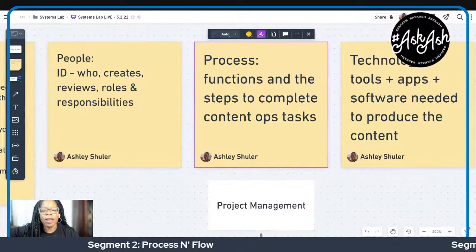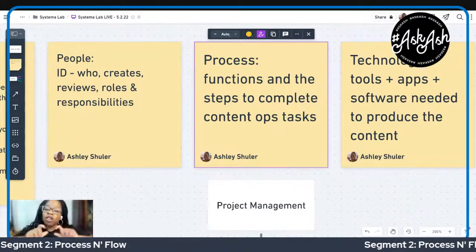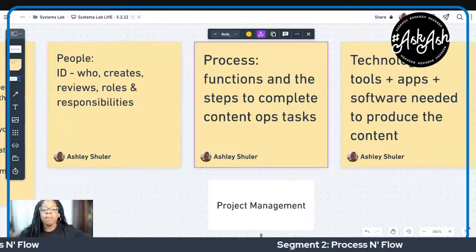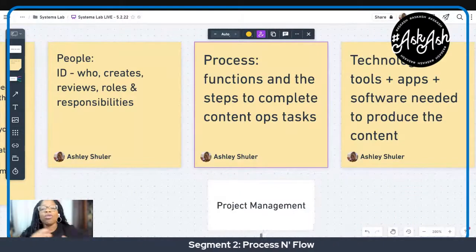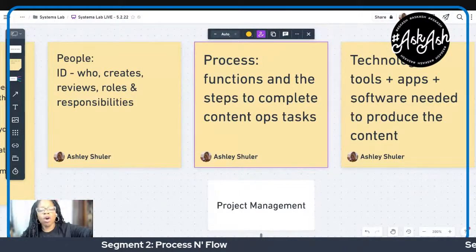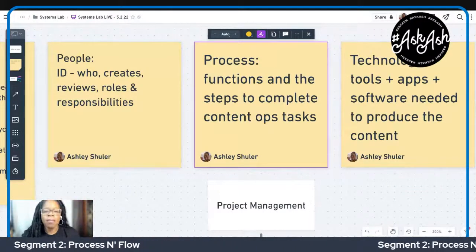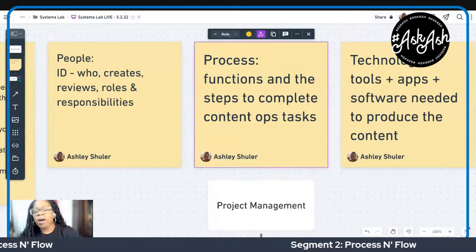This is so good. Process, the function, the steps. You need to be outlining those workflows, and we're going to define that on Wednesday. Oh, yes, the workflows.